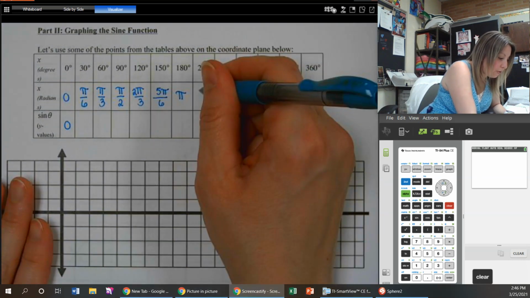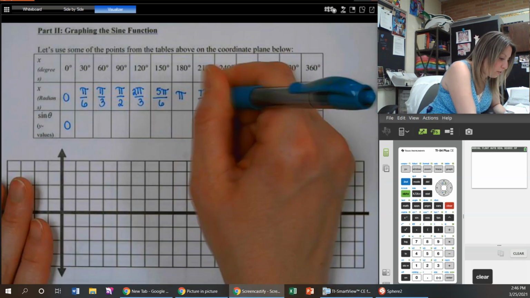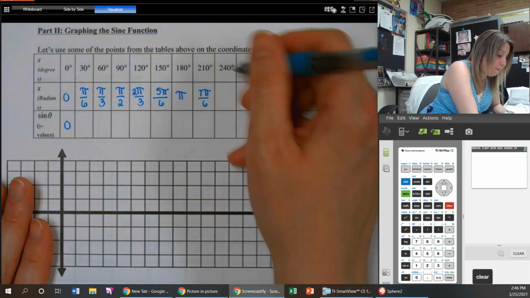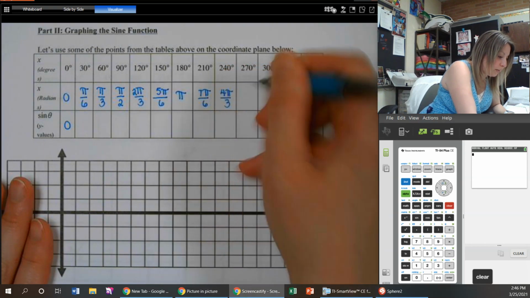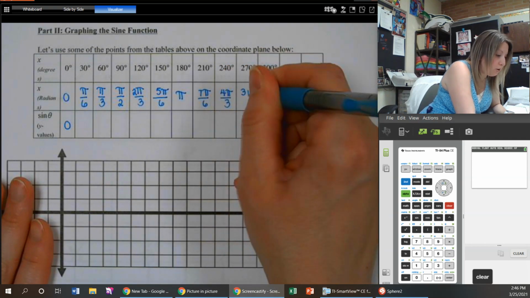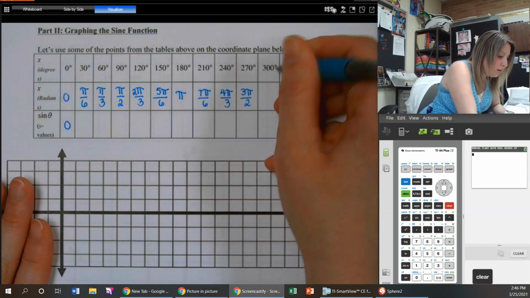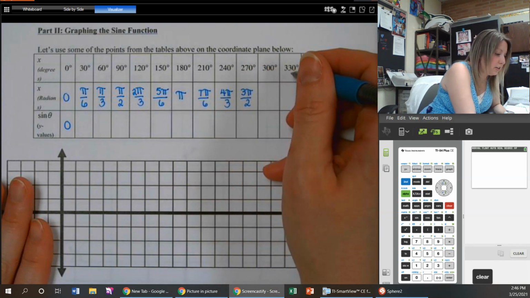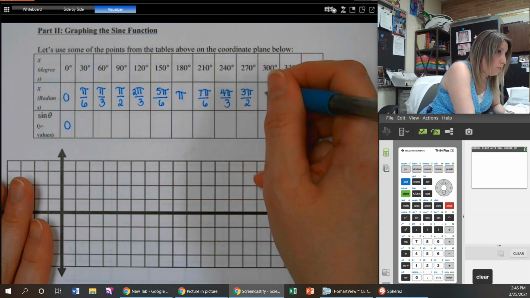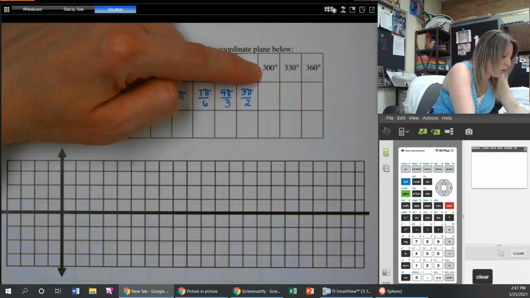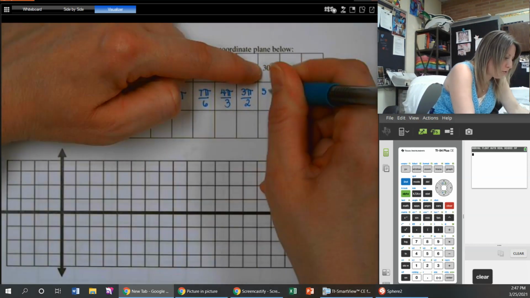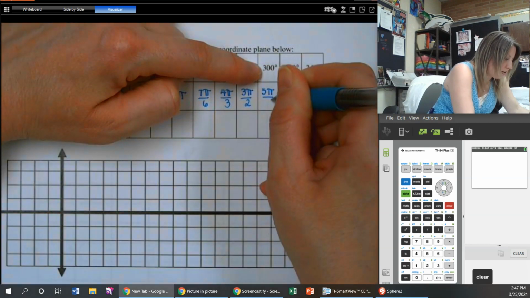Then we're back on the other direction. So 7 pi over 6 radians because of the 30-degree reference angle. 60-degree reference angle, so this is 4 pi over 3 radians. We're all the way at the bottom, 3 pi over 2. 300, so that's a 60-degree reference angle. So where am I at? 5 pi over 3.